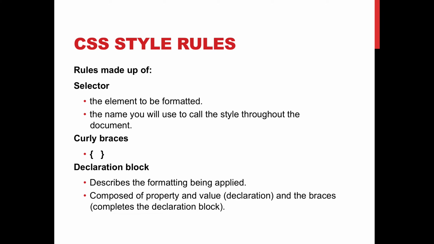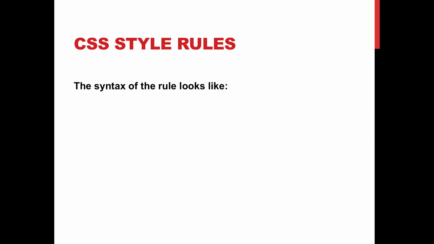And basically, this describes the formatting that you're going to apply. And it is composed of two separate things. It is composed of the property and the value. Okay, so the property might be color, and the value might be red. Okay, and all of that declaration block is going to go between the curly braces, and let's say that the element in this case was body. Okay, so they all kind of work together.